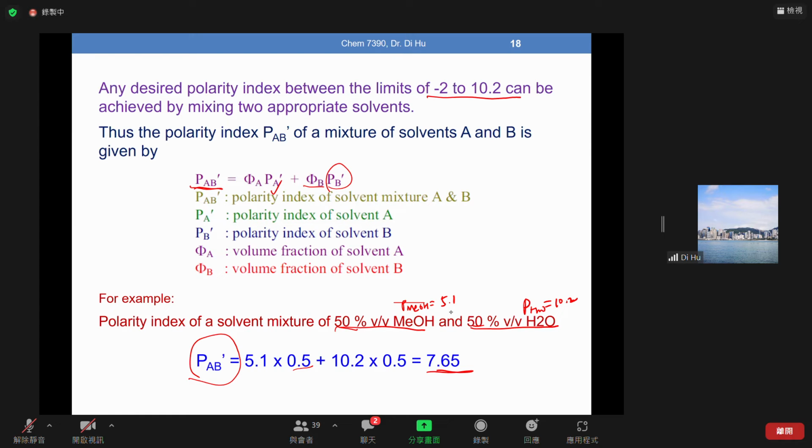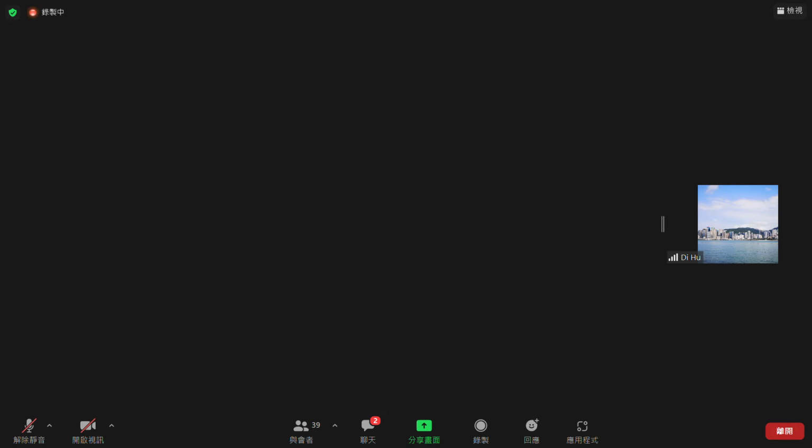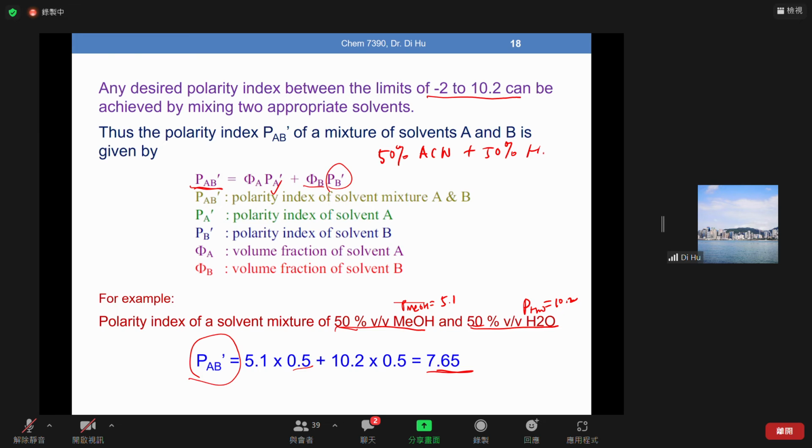How about now I have 50% ACN plus 50% water? What is the polarity index of this solvent? Type your answer in the chat box. Try that by yourself.